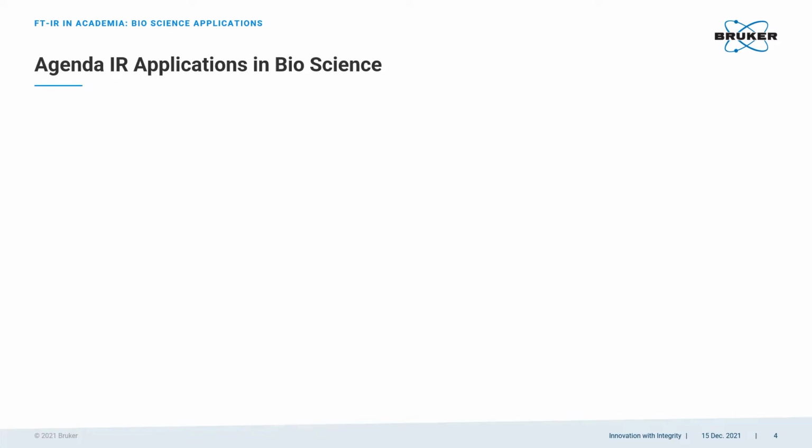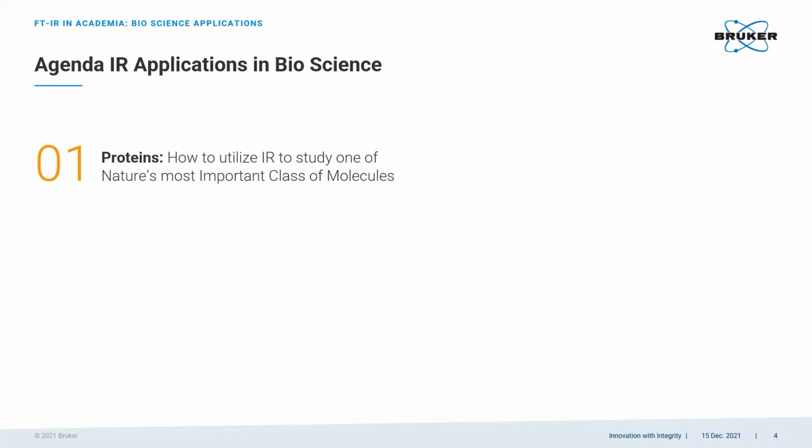So, first of all, I would like to give you a brief overview about today's agenda of that bioscience webinar we are giving. We will start with taking a deep look into one of nature's most important classes of biomolecules, that is proteins, and we'll learn how IR is utilized to study them.